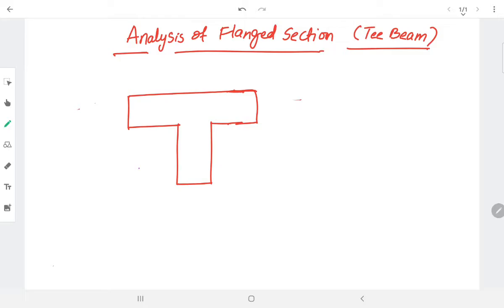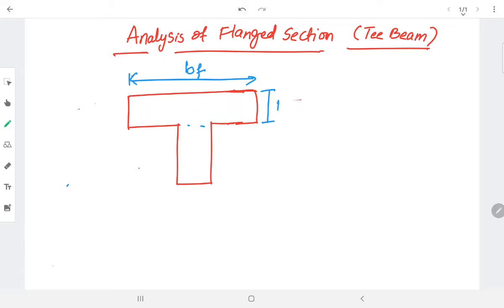Before going to that, I must know the elements. This is the flange section; above this point we call it the flange section. This is taken as the breadth of flange, the horizontal portion, and this much is the flange section.